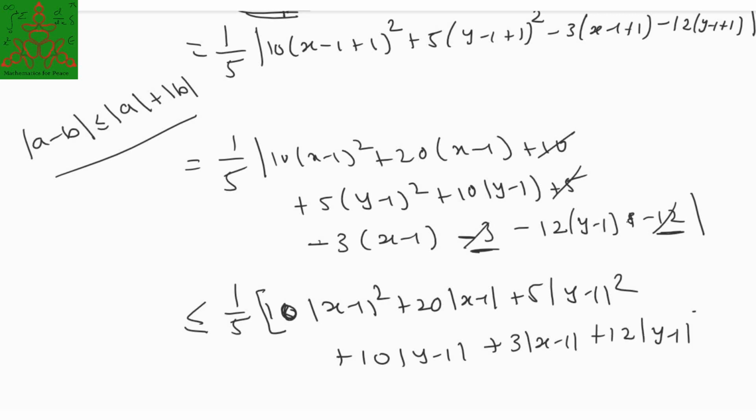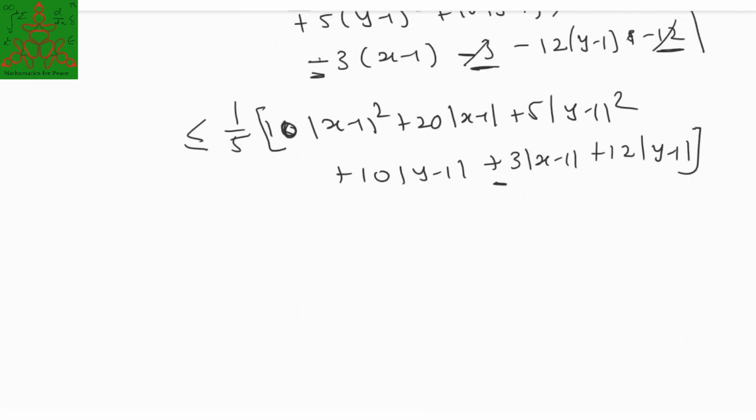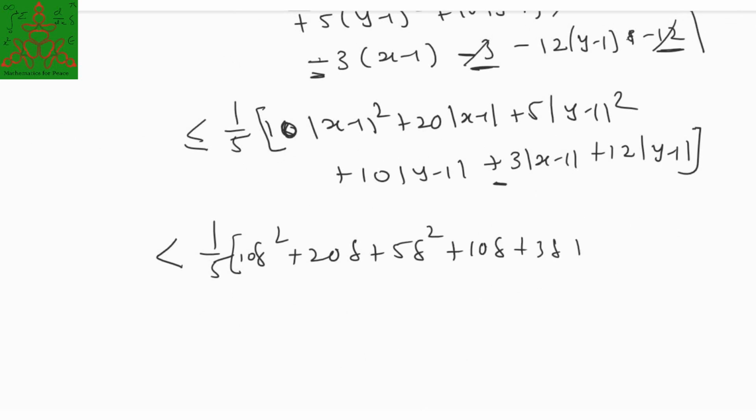See, we have used this quantity here. This minus will convert into the plus because of this. So now this will be less than, I can write as, 1 by 5 times 10 delta square plus 20 delta plus 5 delta square plus 10 delta plus 3 delta plus 12 delta.